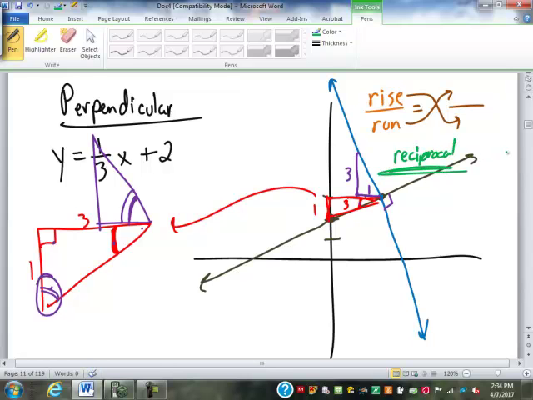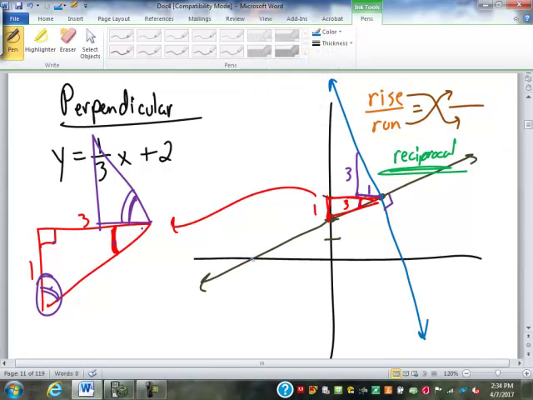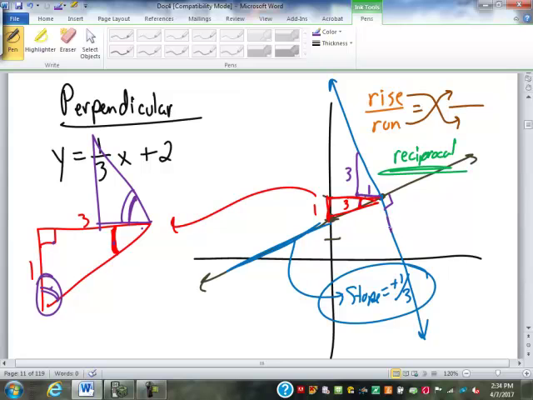Now the next thing we'll see is this first line that I drew. As I went left to right across the graph, it went up. So it has a positive slope. That slope was a positive 1/3, not positive 3. The other line I drew, this one here, goes down from left to right.